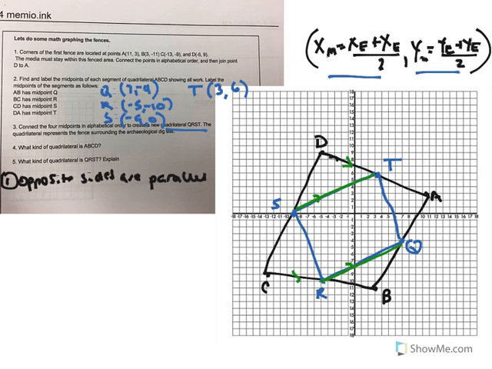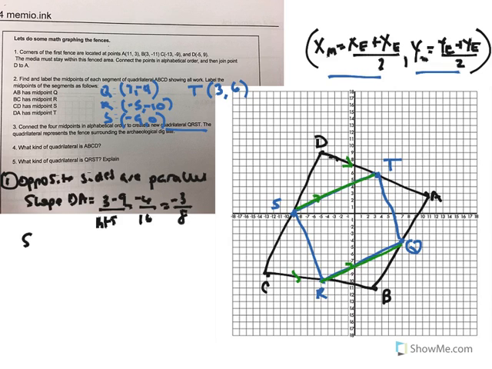Just to show that it doesn't matter which one you pick. So here I want to prove opposite sides are parallel. I do the slope of DA equals 3 minus 9 over 11 plus 5. This gives me negative 6 over 16. I reduce, I get negative 3 over 8.